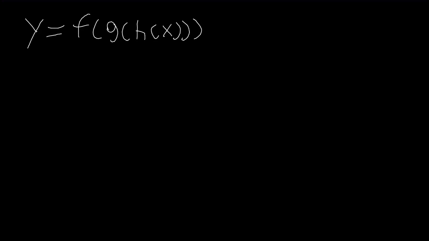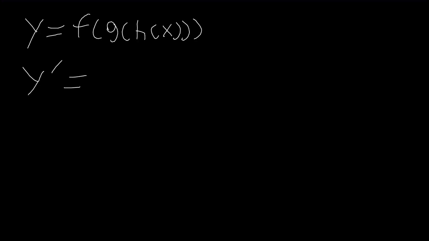So now let's learn to apply the chain rule to even more complicated functions. So the chain rule applies for something more complicated, like if g has a function h inside of it as well, like y equals f of g of h of x. So this just follows the same pattern.